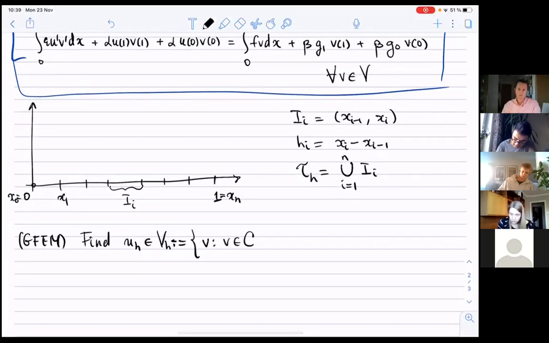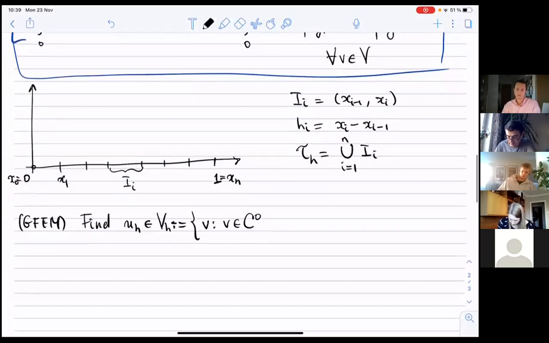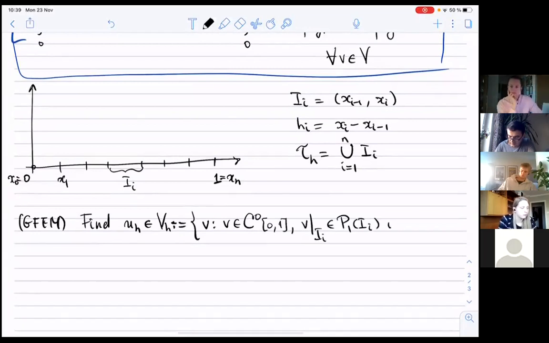V is a continuous function on the interval 0 to 1, and the restriction of V to any element I is a polynomial of degree 1, for I equal to 1 to n. So this is our finite element space: continuous, piecewise linear functions.